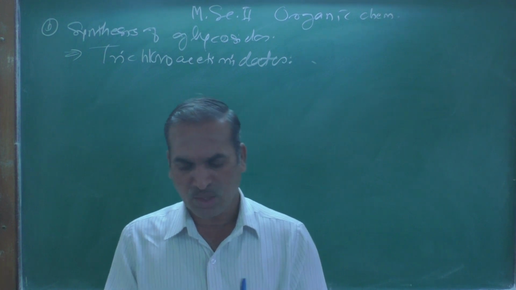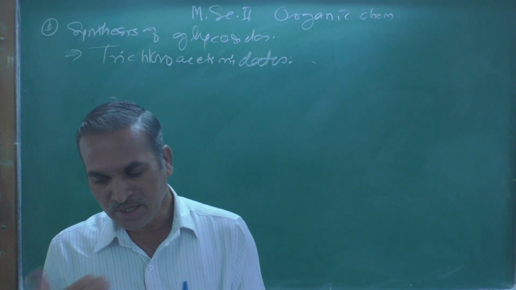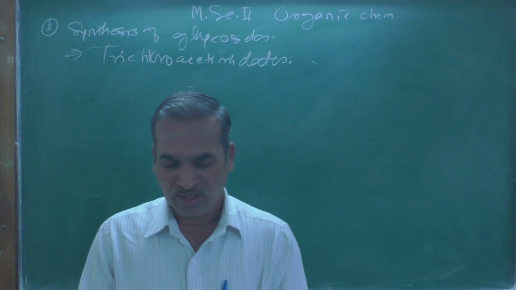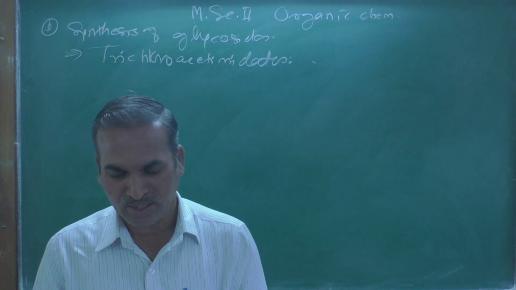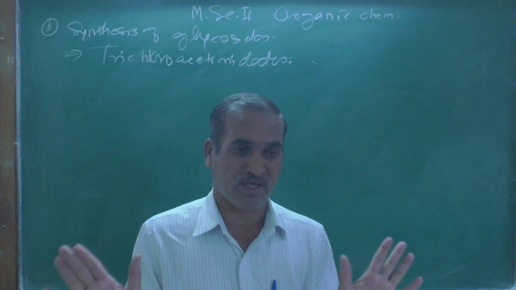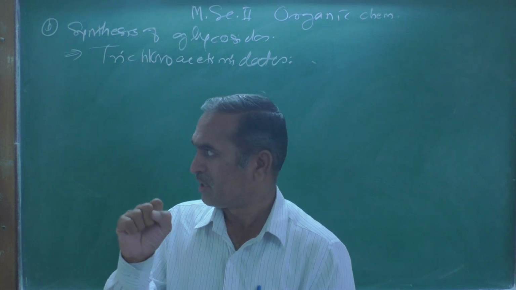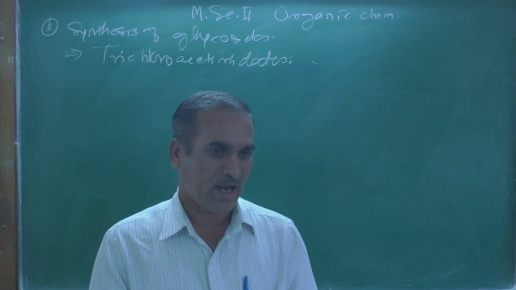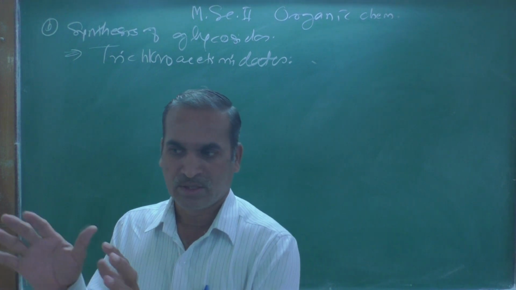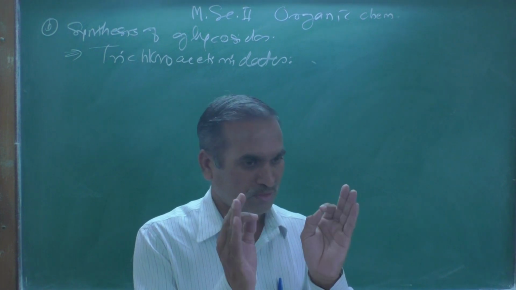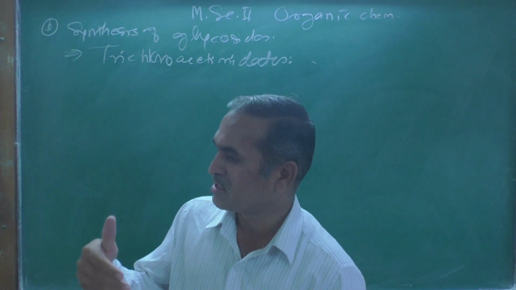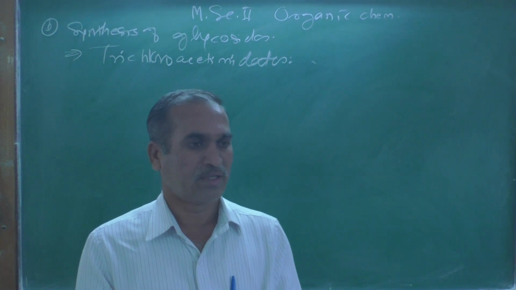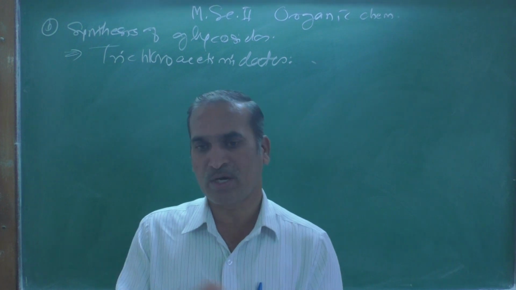In general, glycosidic yields are high irrespective of the anomeric configuration of the trichloroacetamidate, and only one anomer is obtained. Selectivity is very essential, because in organic chemistry a single-step, single product is what we call a selective, specific product. If a mixture of products is obtained, it is very difficult to separate them.